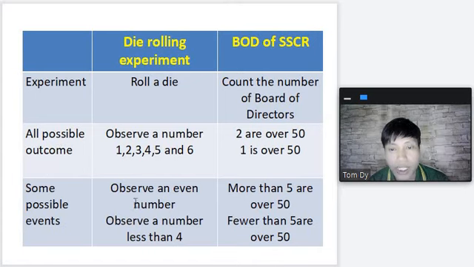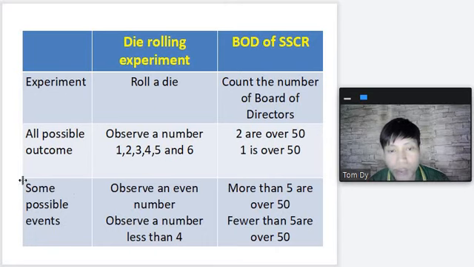And then again, if we roll a die, we observe an even number. Take note, the outcomes are 1, 2, 3, 4, 5, 6, and the even numbers are 2, 4, 6. So we observe an even number, or maybe we observe a number less than 4. So these are what we call possible events. Now take note, this is different from possible outcomes, because for possible outcomes, we observe a number 1, 2, 3, 4, 5, and 6.